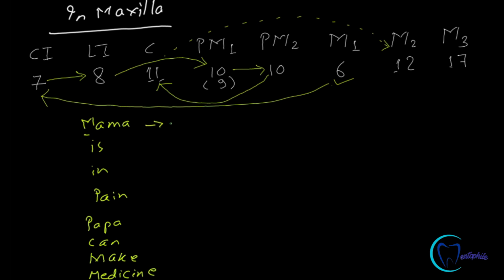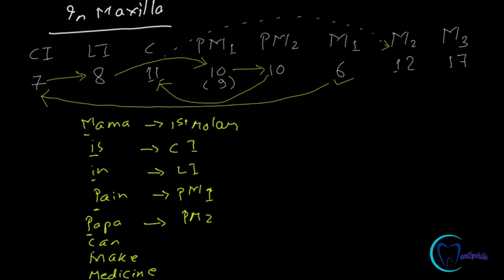Mama as in first molar, I of 'is' as in central incisor, I of 'in' for the lateral incisor, P in 'pain' stands for the first premolar, which is then followed by the second premolar, and after the completion of eruption of premolars, the canine erupts. M as in second molar, and finally the third molar.